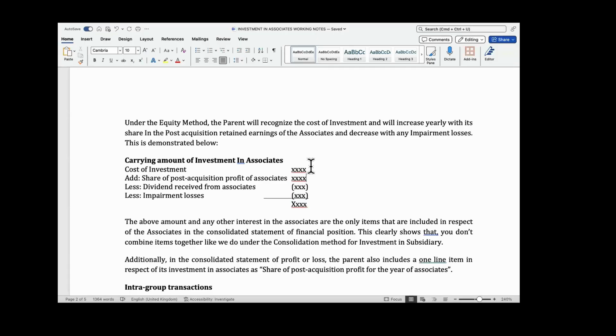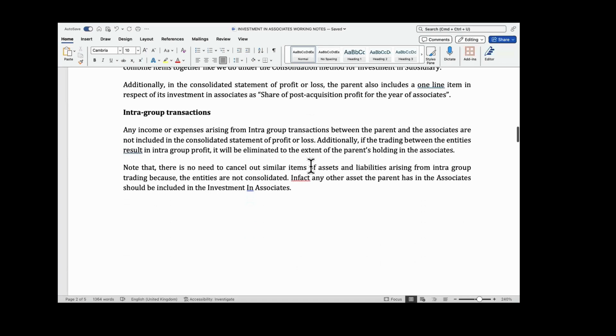So you cannot recognize the liability, except if the associate has made a loss to the extent that you are now also required to pay some money to some people. At that point, you have an obligation. But if none of that is present, as soon as your investment becomes zero, you don't have an asset anymore. Just exclude it. We can never have negative investment. I hope you can hear me. So share of associate losses, that's what I've just explained.